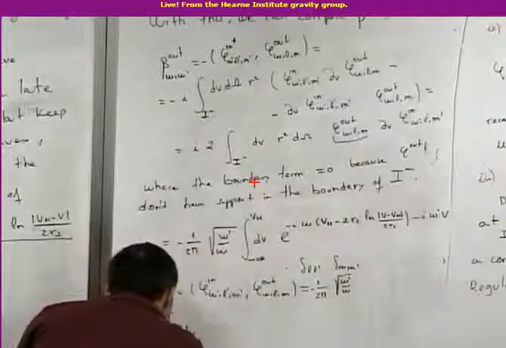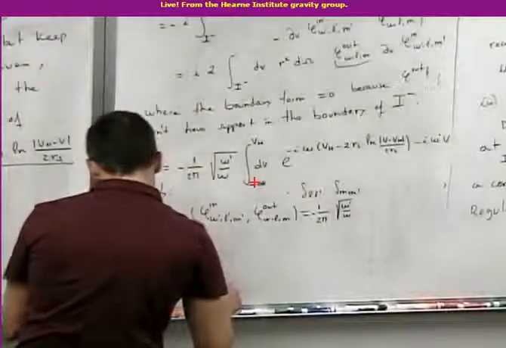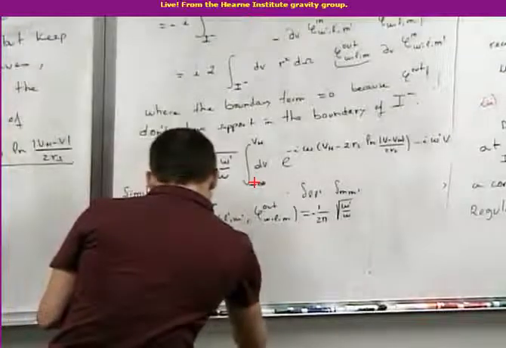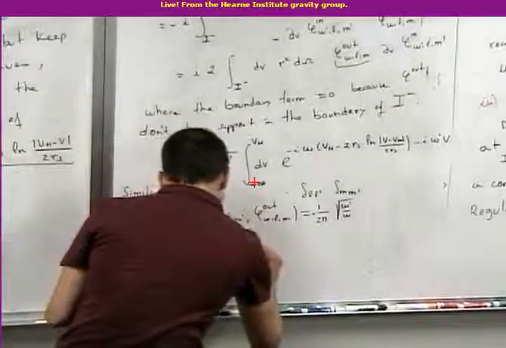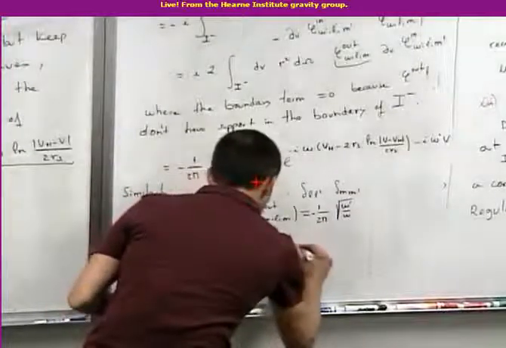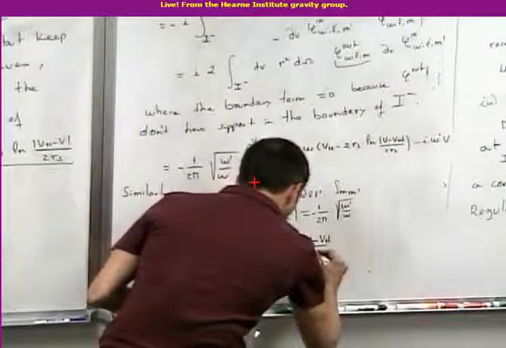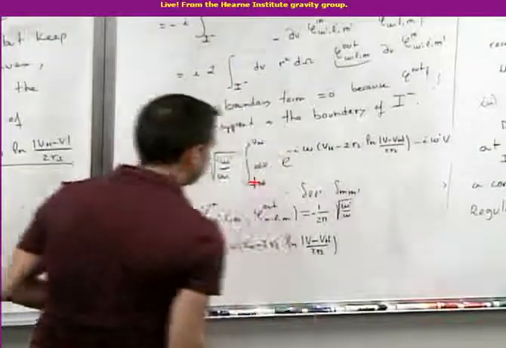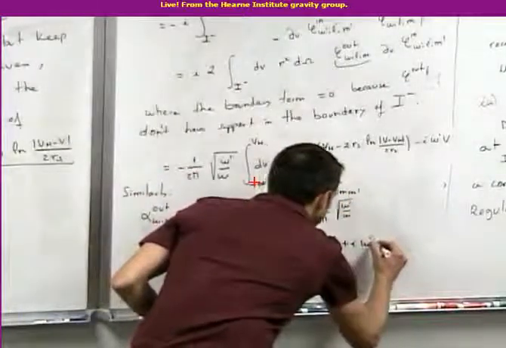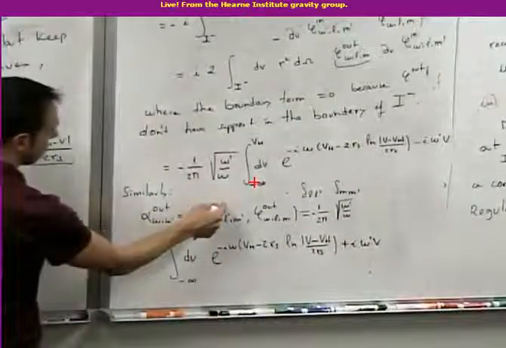Integral dv from minus infinity to vh, e to the minus i omega vh minus 2rs... Very similar to that, except that there is a plus there: plus i omega prime v. And that plus comes because here I don't have a conjugate, and I added it there.